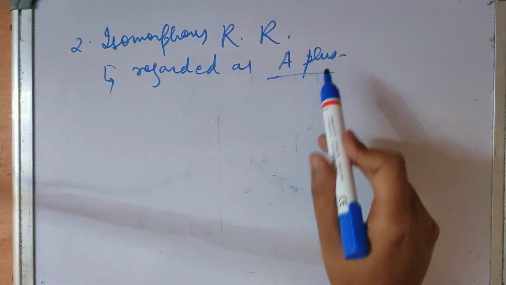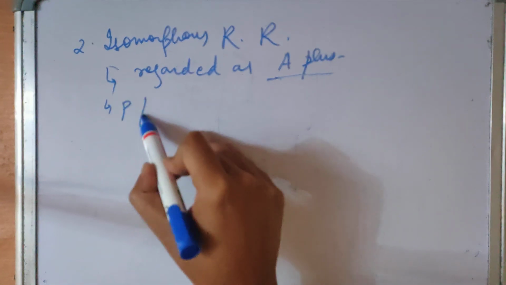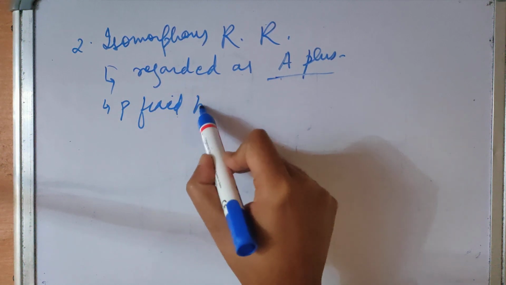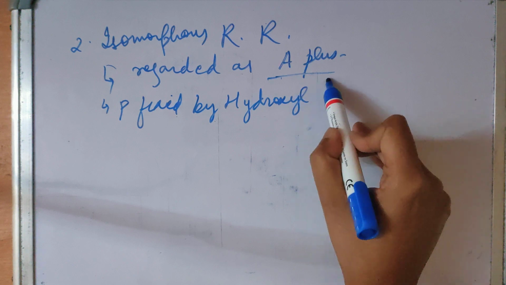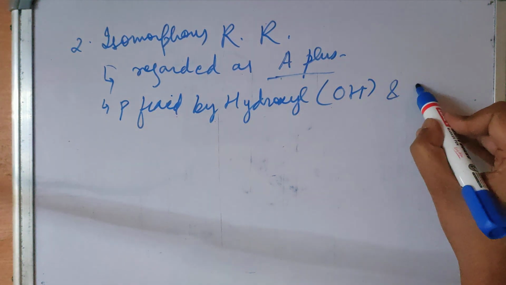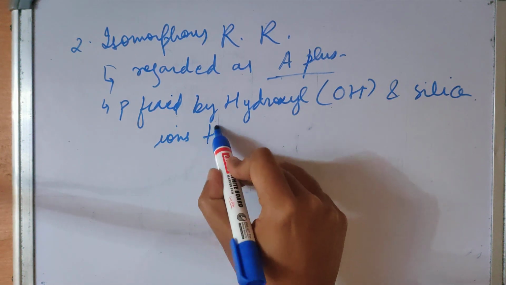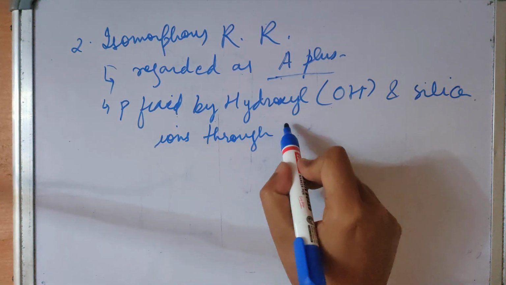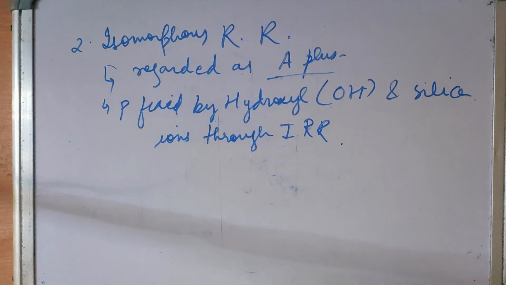Phosphorus is fixed by hydroxyl OH minus and silica ions through isomorphous replacement reaction.